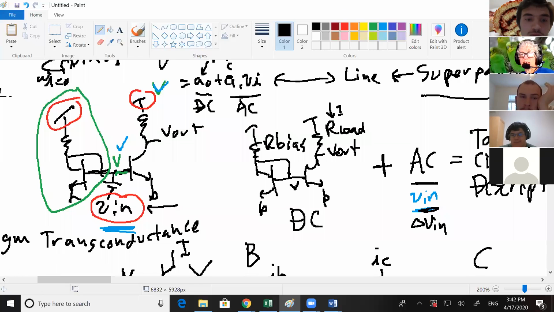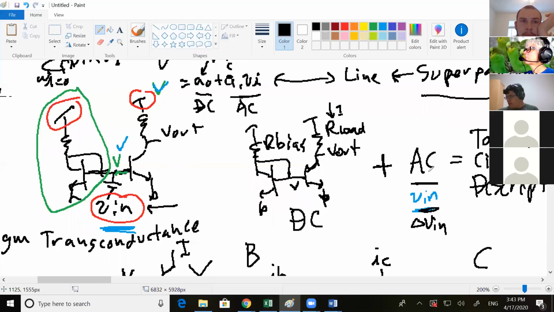So, okay, it turns out that this transistor that you've been working with for the last 2 quarters doesn't describe gain. Remember, gain is the change in something over the change in something else, change in V out over the change in V in. Okay, and a transistor runs on voltages and currents, not changes in voltages and changes in current.